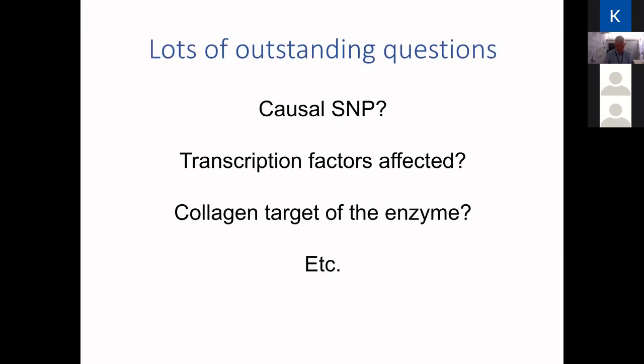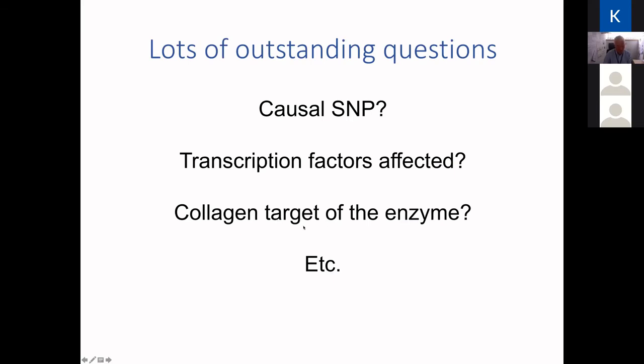Now, we're only partway through this particular study. What we haven't done yet is identify the actual causal SNP. We don't know whether this 3' UTR polymorphism itself is causal or not. We haven't identified the transcription factors, which are presumably differentially binding to the enhancer region in response to methylation changes. And we also haven't yet identified the collagen target of the enzyme.